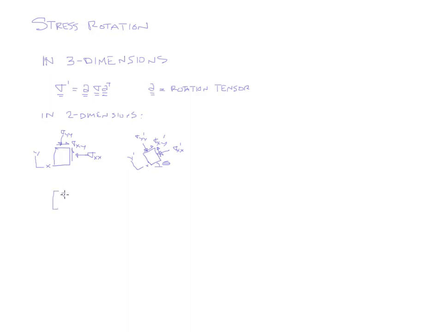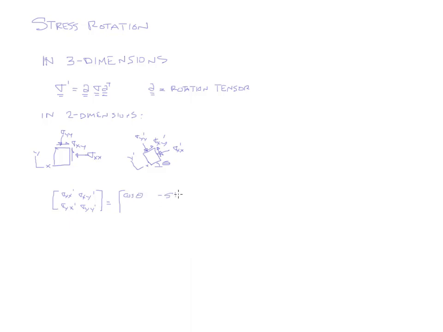Well, now we can write out the rotation tensor terms here in matrix form. So sigma xx prime, sigma xy prime, sigma yx prime, and sigma yy prime is equal to that rotation tensor, which in this case is just a combination of trigonometric functions.